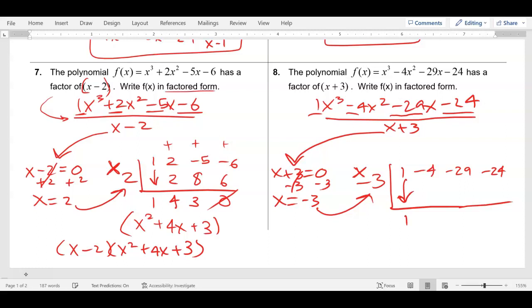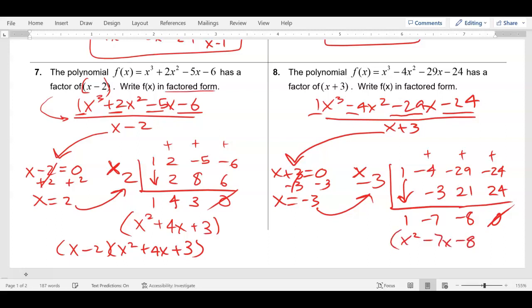1 times negative 3 is negative 3. Add them vertically, you get negative 7. Negative 7 times negative 3 is 21. Add these up, you get negative 8. Negative 8 times negative 3 is positive 24. Add these up, and you get no remainder. So you end up with 1x squared minus 7x minus 8.